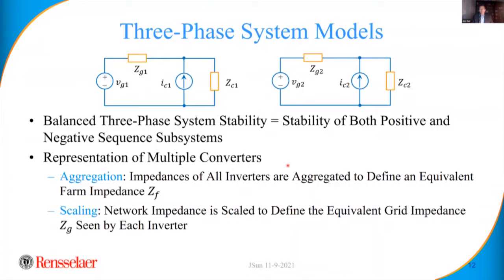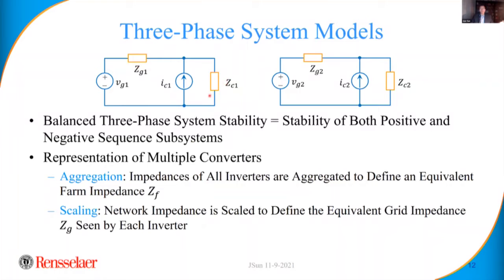You can have some line impedance in between, but as long as they're close enough, you can aggregate them into a single impedance. You can also reverse the model, and instead of aggregating converter impedance, we can scale up the grid impedance to represent the equivalent source for one converter.